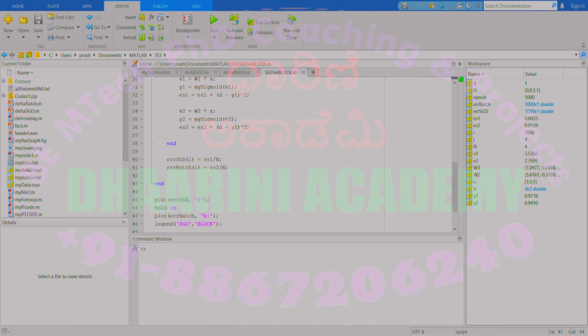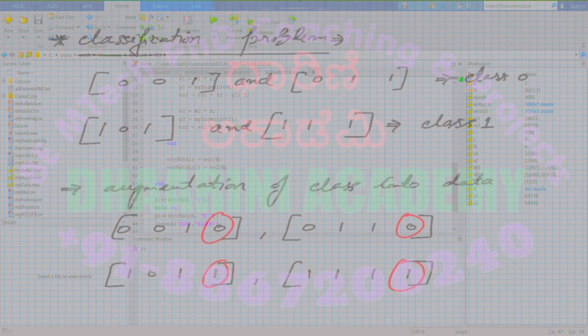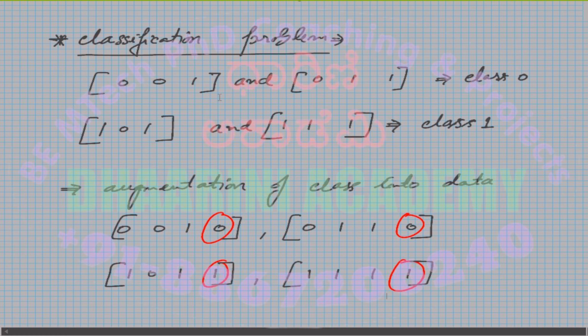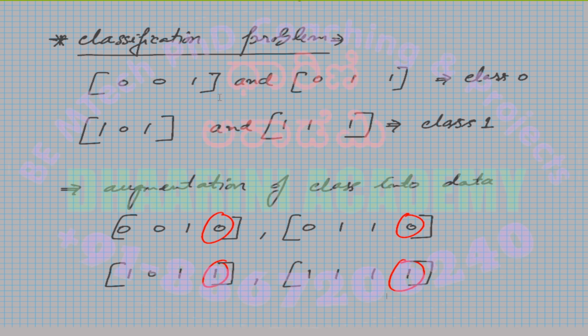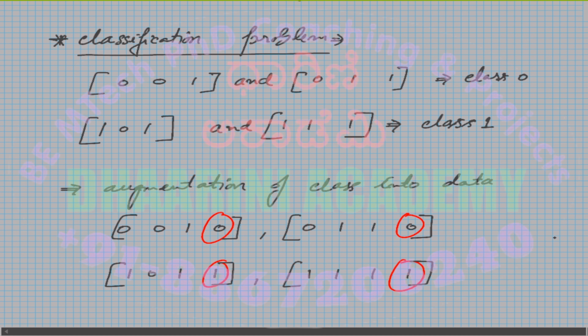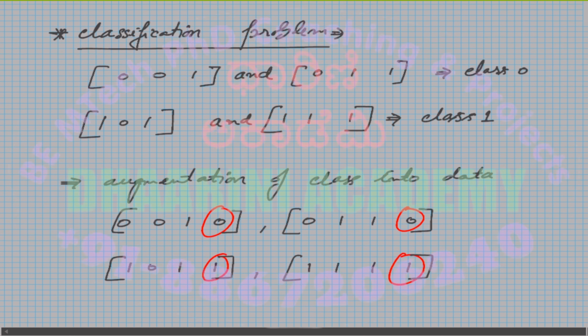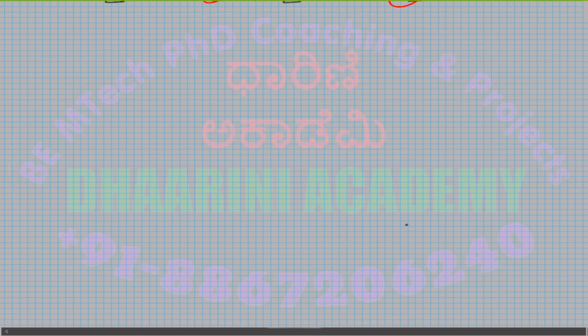So the topic that we are going to look at now is the limitations of single layered ANN.